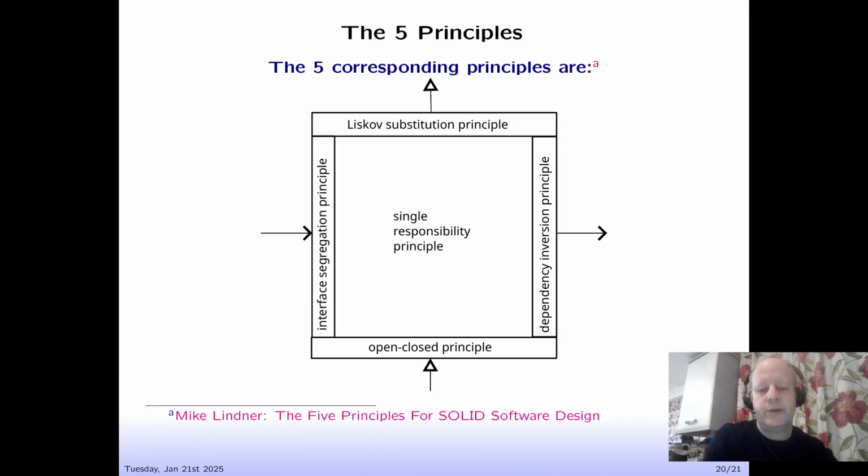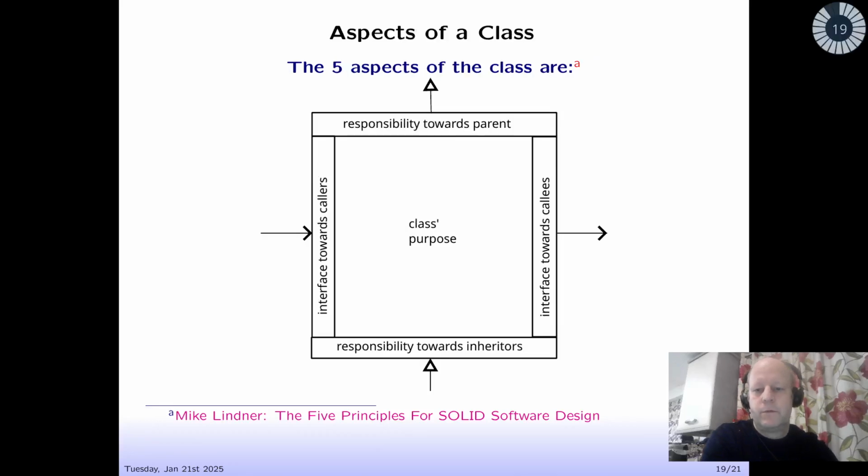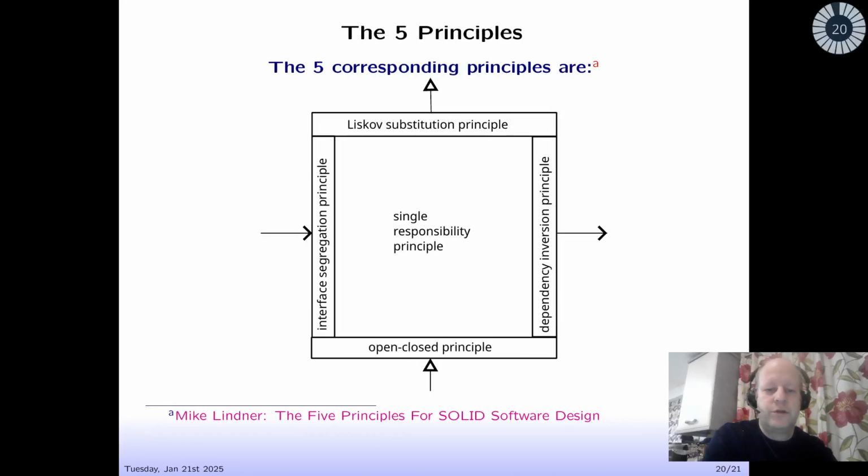And the responsibility towards inheriting classes is the open-close principle. And for callers, you have the interface segregation principle. And for callees, so method interfaces you call, you have the dependency inversion principle, depending on abstractions.